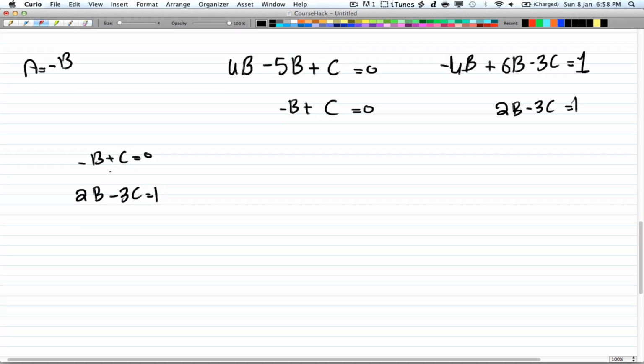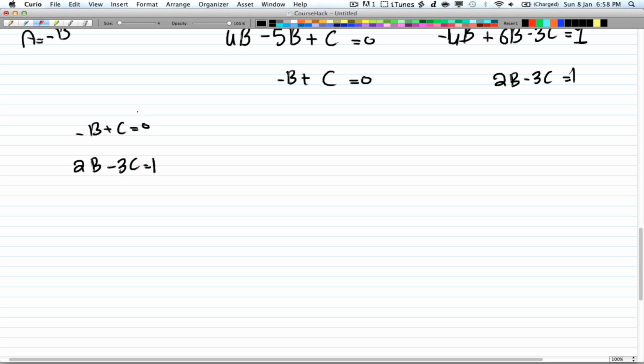Alright, so if you add these two up, actually I'll multiply the equation on top by 2. It's just a regular simultaneous equation. So this will give you minus 2b plus 2c equals 0 and 2b minus 3c equals 1.